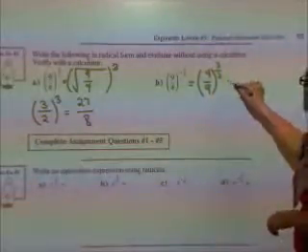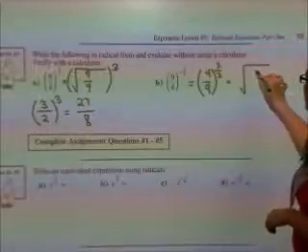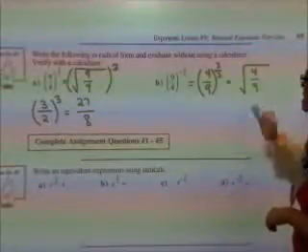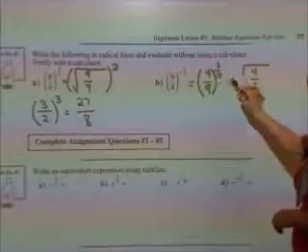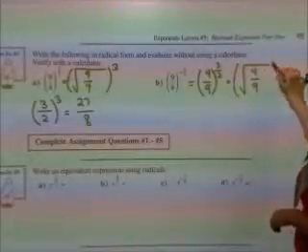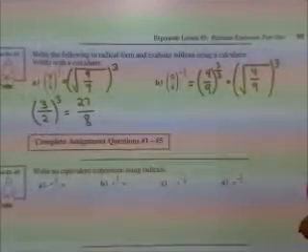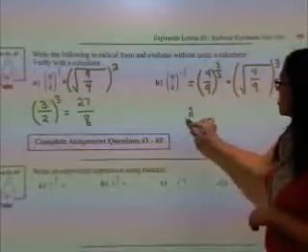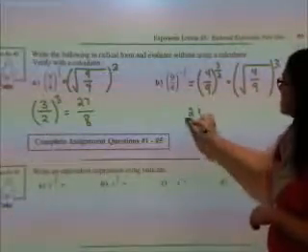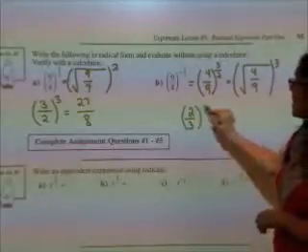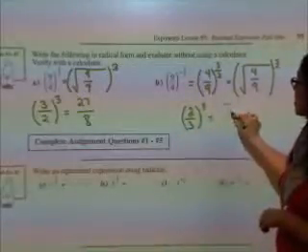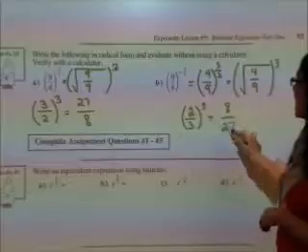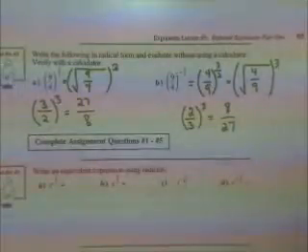So again, radical symbol, 4/9, and then the 2 becomes the index, which means I don't need it, and the 3 becomes the exponent. Square root of 4 is 2, square root of 9 is 3, and then I raise it to the power of 3, and this time I get 8/27.